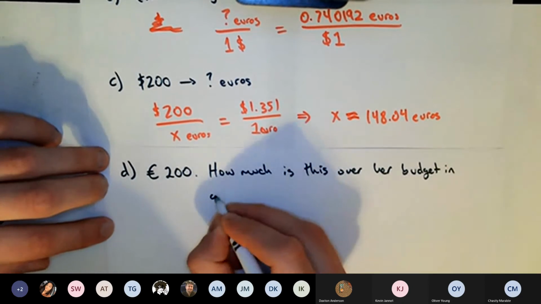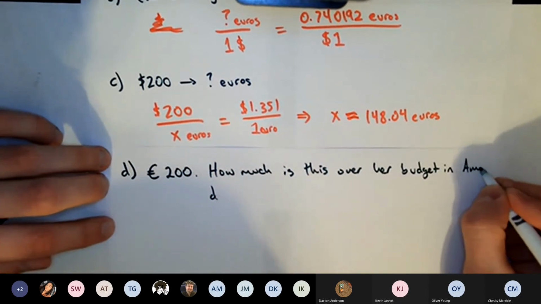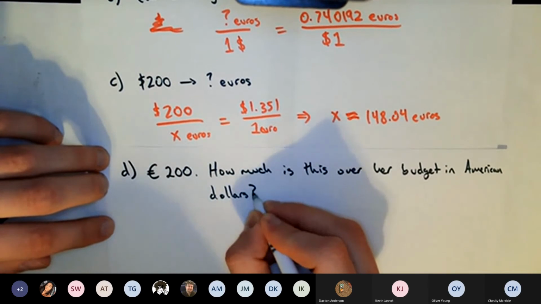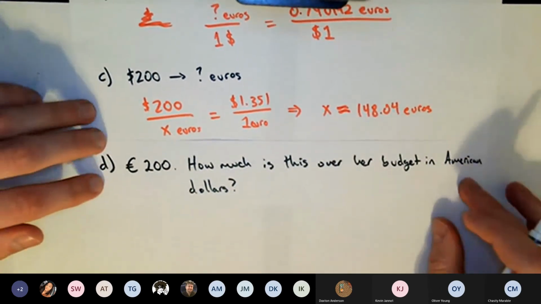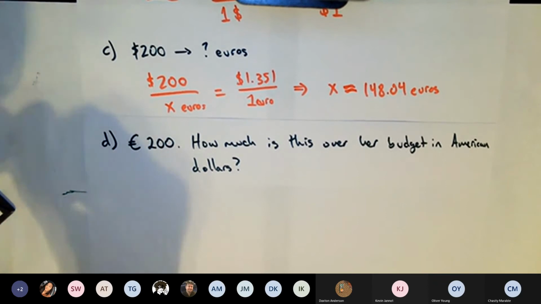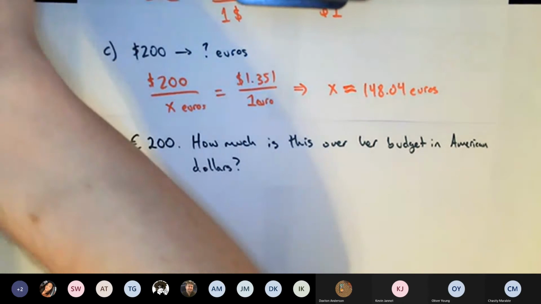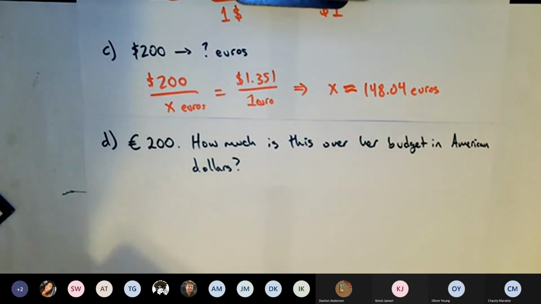In dollars. Oh, in American dollars. The question actually asks how much does this bag cost in American dollars, but really what she wants to know is how much is this over her budget in American dollars.